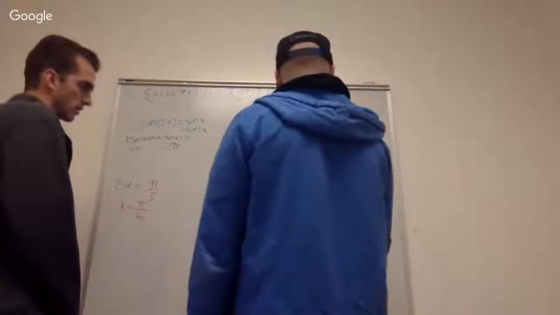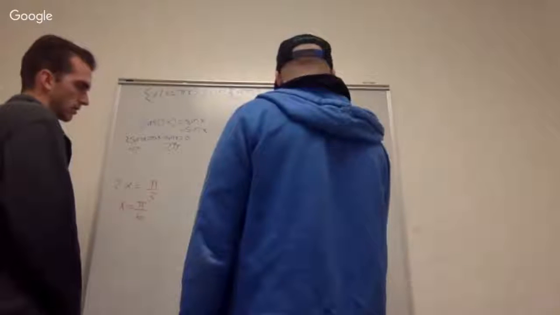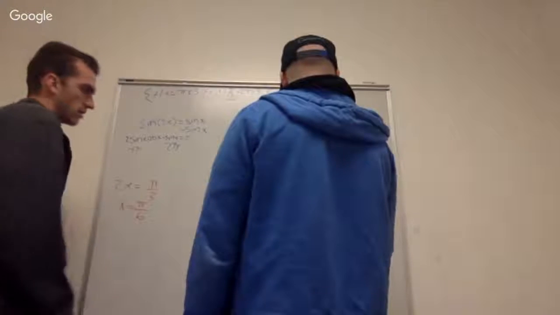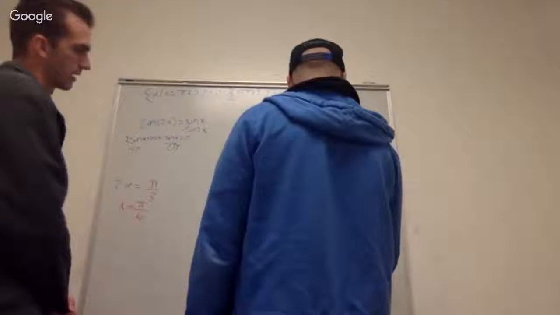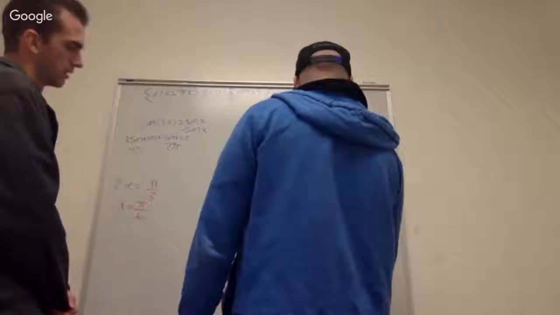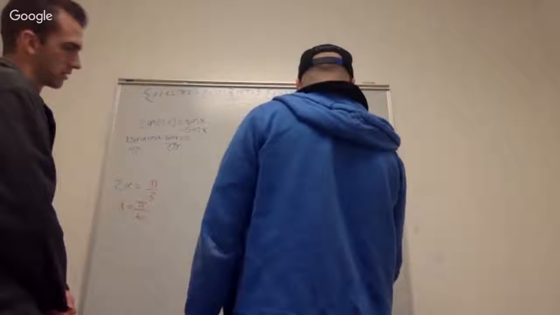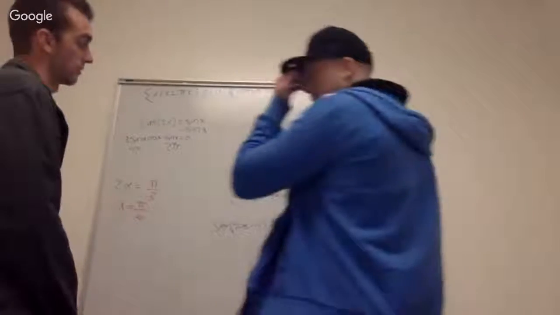So if we set sine x equals 0 and 2 cosine x minus 1 equals 0, we solve for it. So that's 1 plus 1, 2 cosine x equals 1. Okay, that makes a lot of sense.